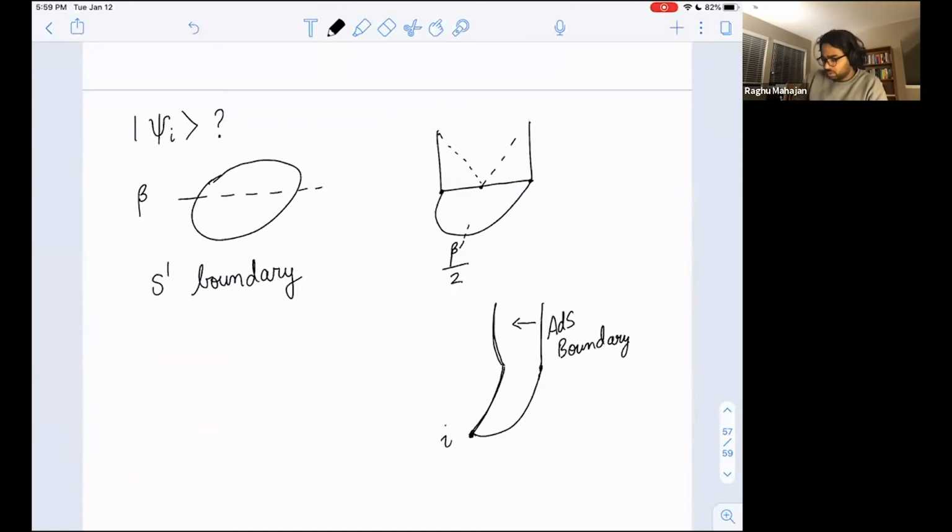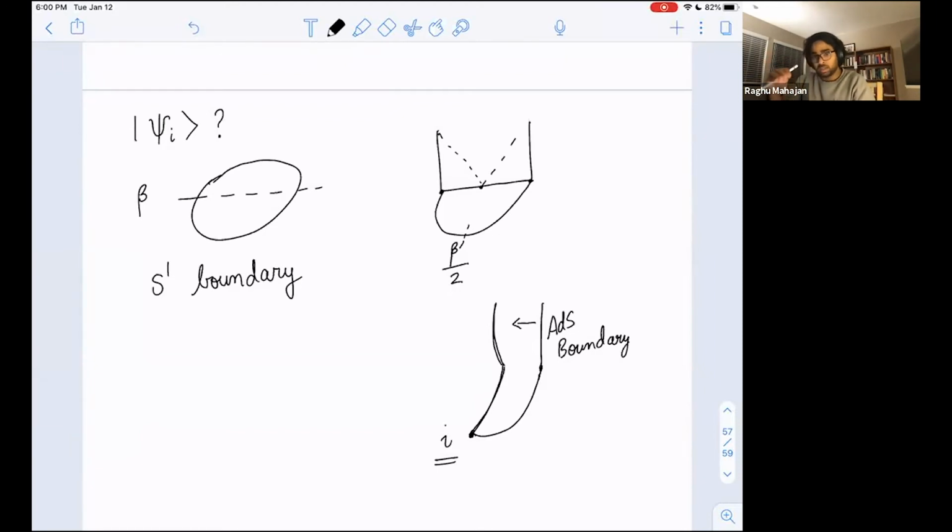You can have various different boundary conditions here. In Kourkoulou-Maldacena, these i's corresponded to various Fock space states of the SYK model. The SYK model is a bunch of fermions. There's some Fock space, and you can just say, I want to study a particular pure state in that fermionic Fock space.